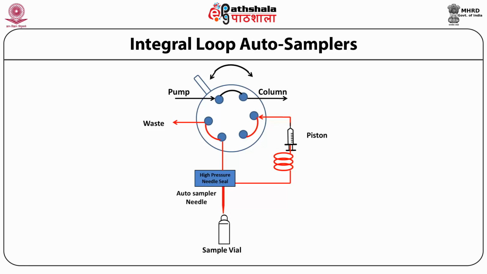The needle again returns to the needle seal and the sample plug is dispensed from the loop onto the analytical column. The valve switches its mode and connects the autosampler components to the hydraulic path. The sample is contained completely within the portion of the loop that is swept, and the complete volume of loaded sample is injected into the column.